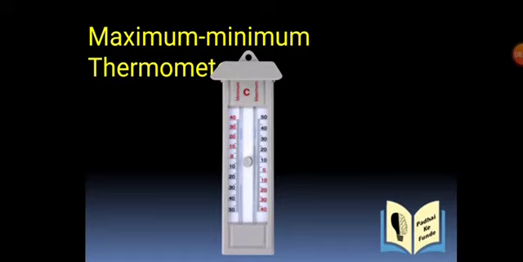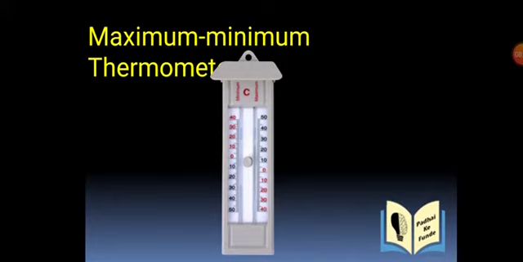The next thermometer is the maximum minimum thermometer. As I told you, this thermometer is used to measure the maximum and the minimum atmospheric temperature of the day. It is commonly used whenever a simple way is needed to measure the extreme of the temperature of a location.